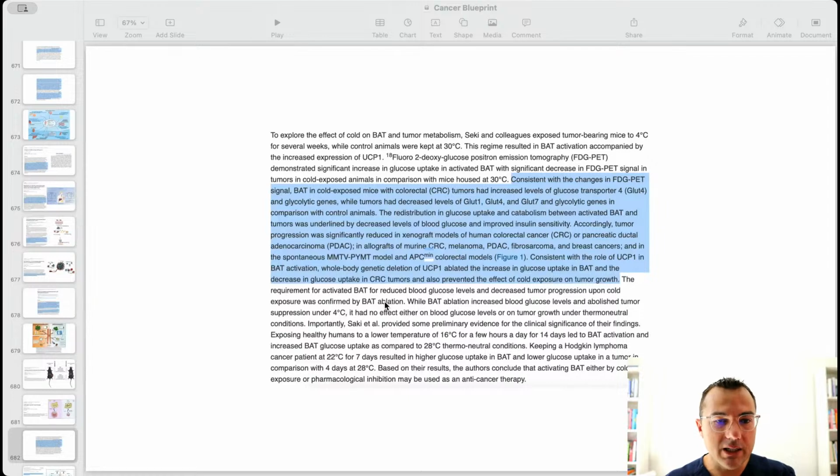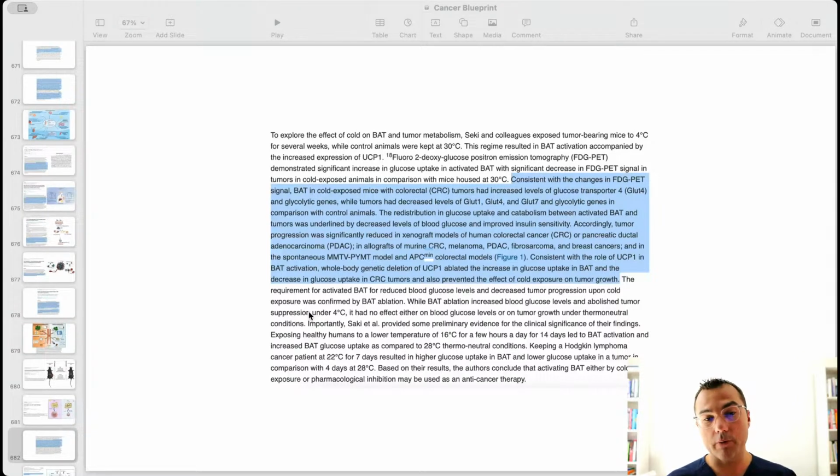And that completely mitigated the improvements in blood glucose response when these mice were cold and in the tumor cells. So it stands to reason that brown adipose tissue seems to be at least as important, if not more important, than muscle shivering for lowering blood glucose and stealing it away from tumors.